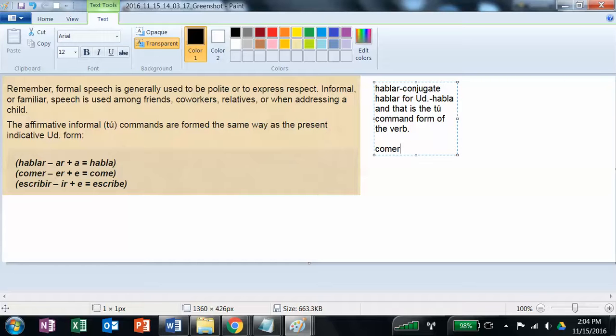So if I give you comer, the command form is come. If I give you escribir, the command form is escribe. And that's pretty much it.